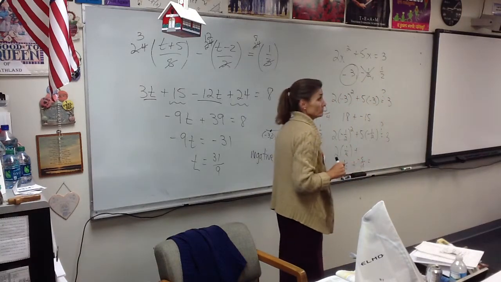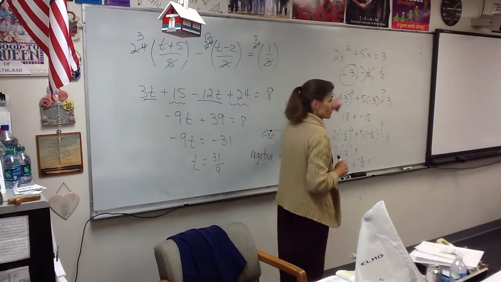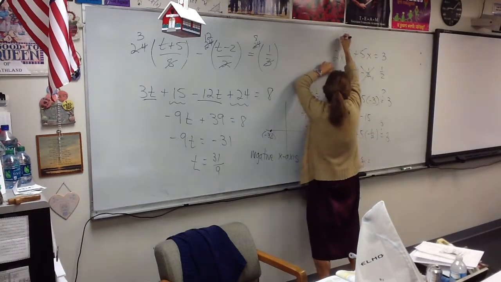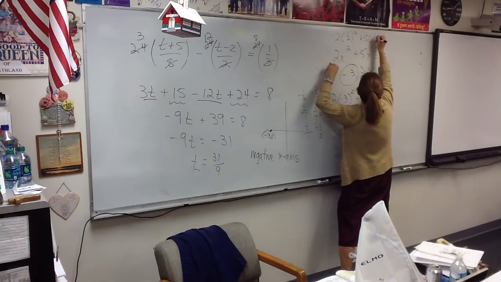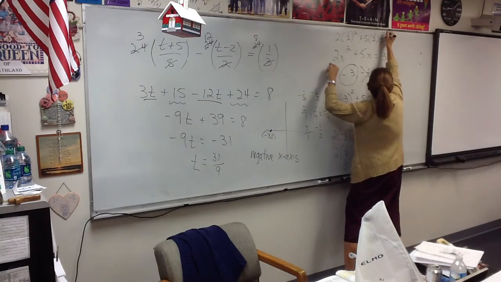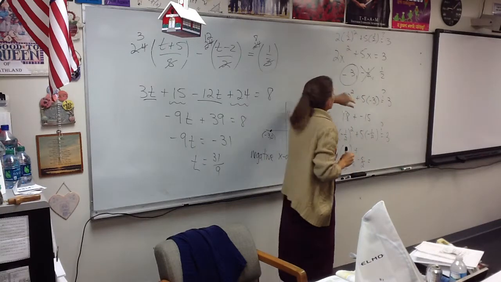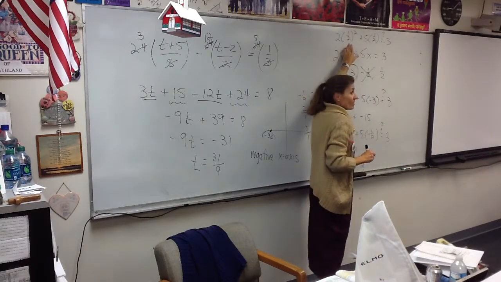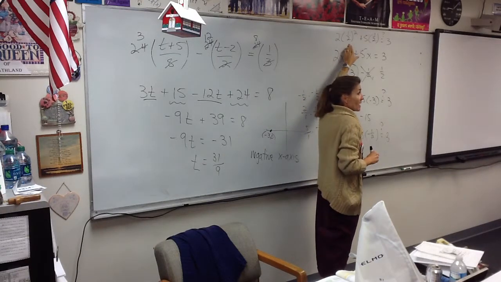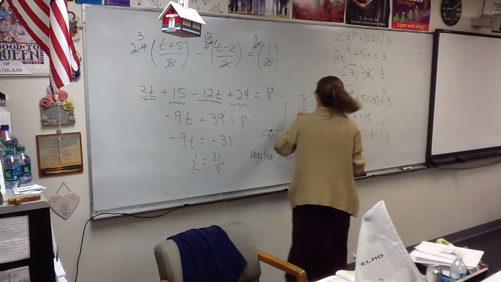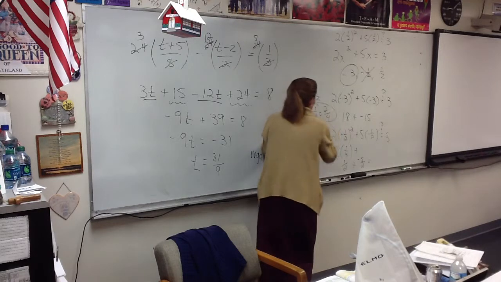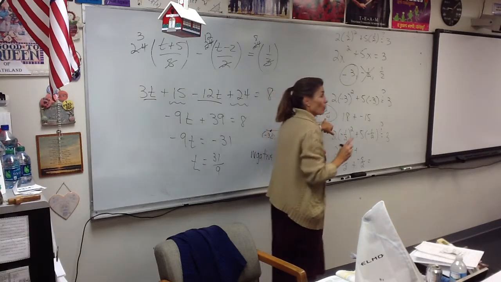I don't know. Let's try the last one. So that'll be 2 times 1/2 squared plus 5 times 1/2. Does that equal 3? That's the question. So 1/2 squared is 1/4. We just talked about that. 2 times 1/4 is 2/4 or 1/2.